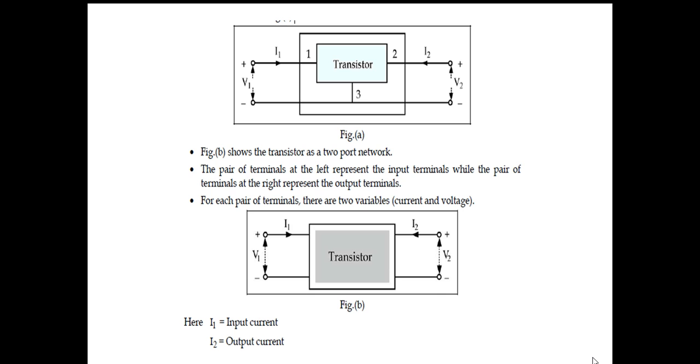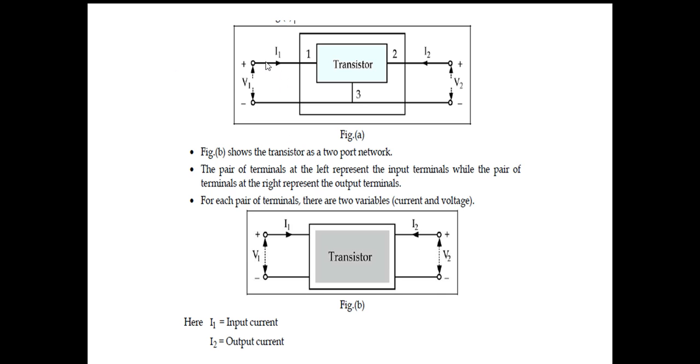Here in figure A, it shows 1, 2. The third terminal is taken as common. In the above block diagram, the third terminal is taken as common. So now 1 and 3 become the input terminals and 2 and 3 become the output terminals.